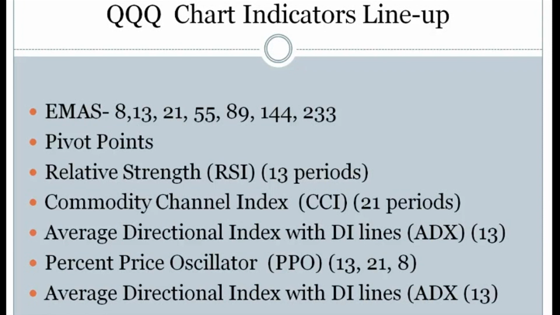And for one of the strategies, it's an 8 cross of the EMA over the 13, and sometimes the other EMAs being on the chart can be confusing, so we will remove those and just concentrate on the 8 and the 13.